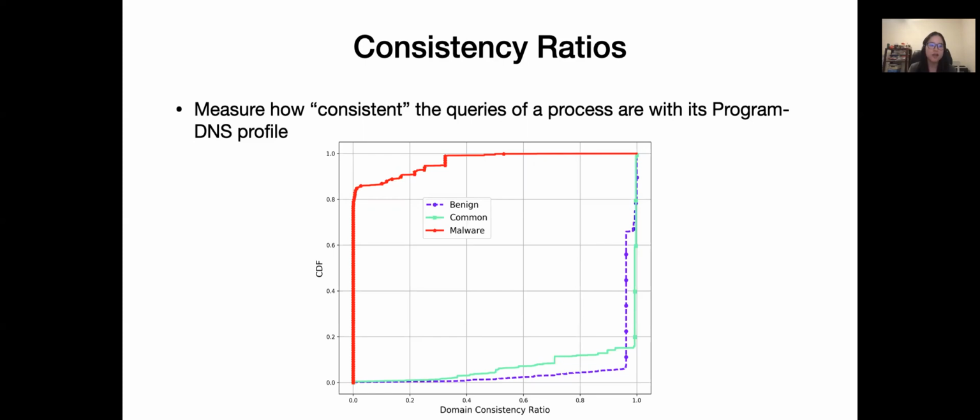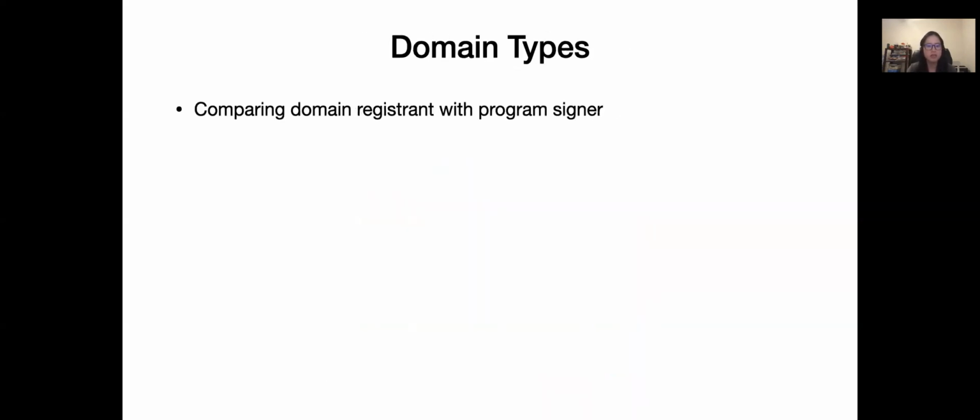And on the other end, we have the red line corresponding to the 5,003 malware-injected processes. So here we also have another green line that says common. This is a subset of the benign processes that only includes the benign processes of the programs which are injected by malware in the malware dataset. So essentially the red line and the green line are processes that share the same set of programs. And we can see that there is a significant distance between malware-injected processes and truly benign processes.